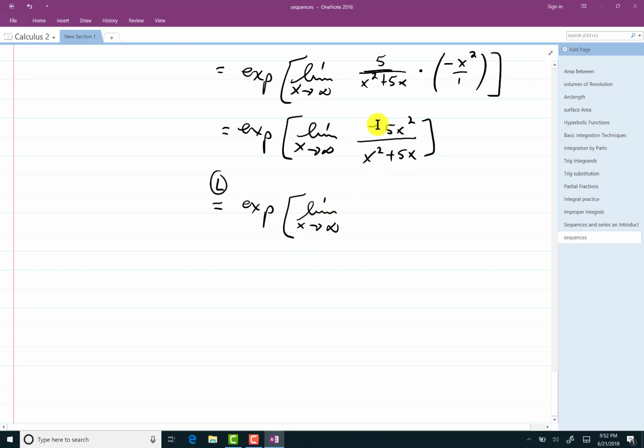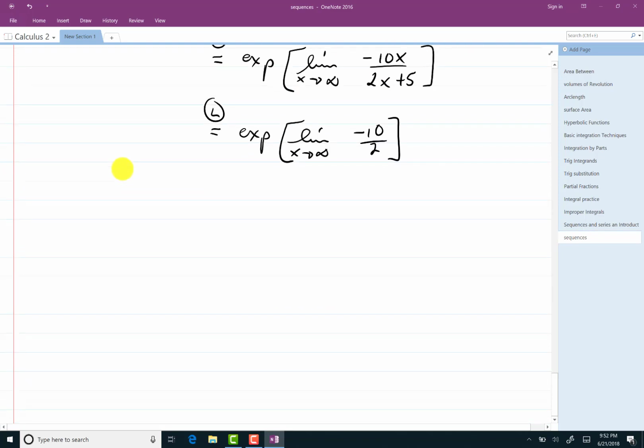So I'll use L'Hopital again since it's a negative infinity over infinity. I'll get negative 10x all over 2x plus 5. Check again. It's still an infinity over infinity, so I'll do a L'Hopital again. This time I'll get negative 10 over 2.